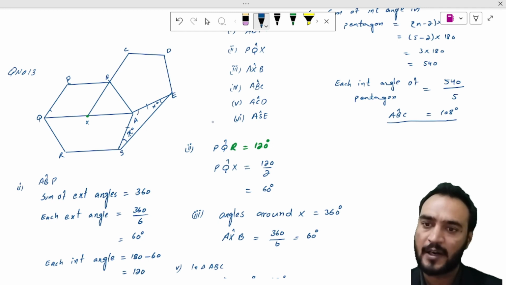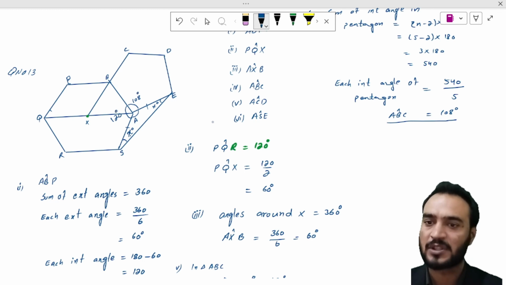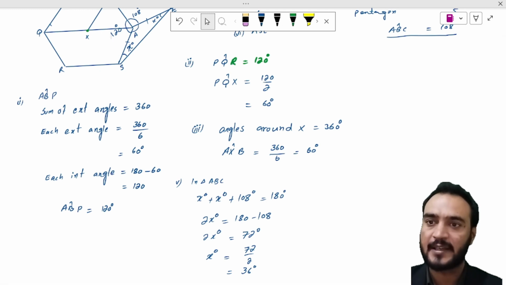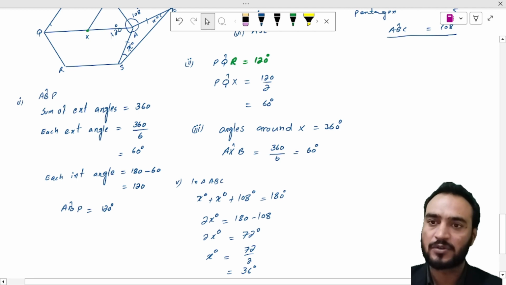We need to find the angle at point A. As we know, in a hexagon all the interior angles are 120 degrees, and in a pentagon all the interior angles are 108 degrees. So we put the sum of these angles at point A, together with angle SAE, equal to 360 degrees.